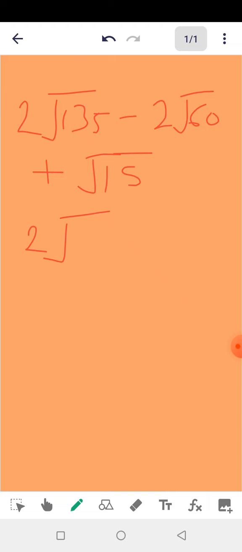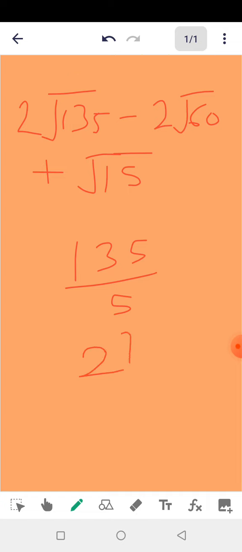You have to do some quick thinking to get that out. So let's just walk this through. Let's see. 135 divided by 5 is going to be 27. So 27 times 5 will be 135.